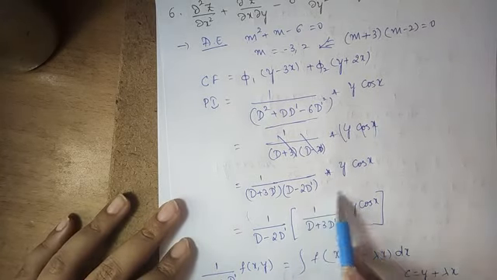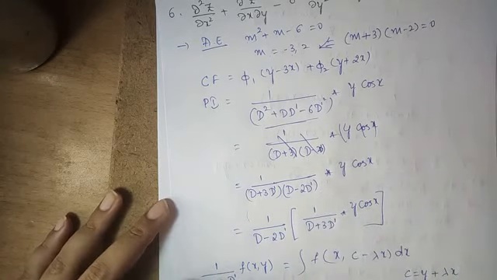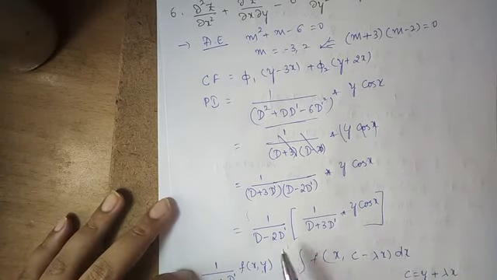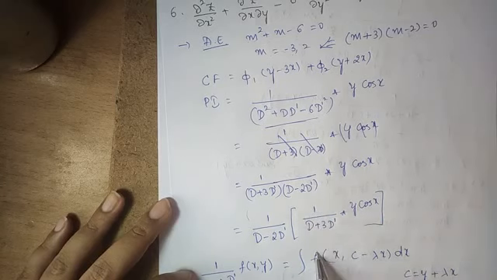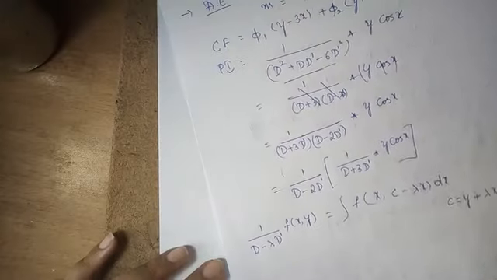So this term is in the form of 1 over D minus lambda D dash f of x comma y. So I can write this term is equal to this, isn't it? So let's write like that.